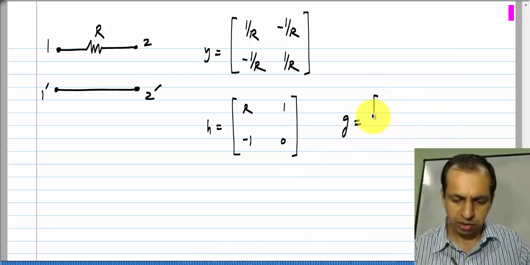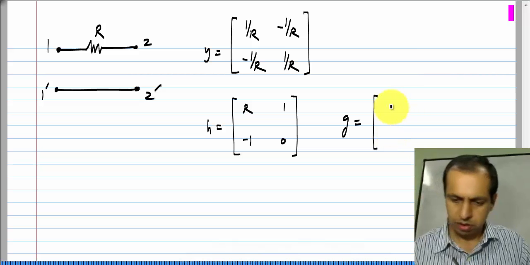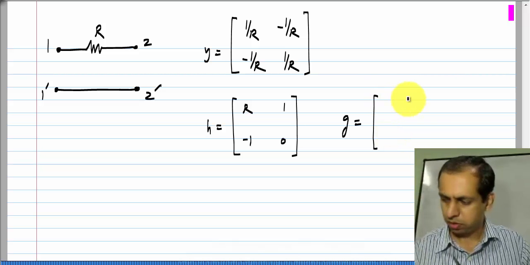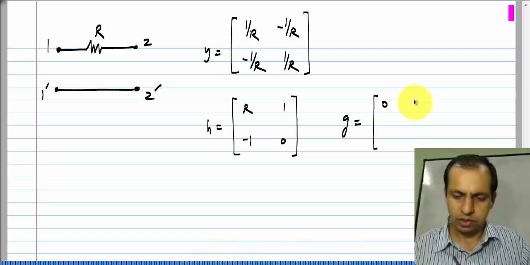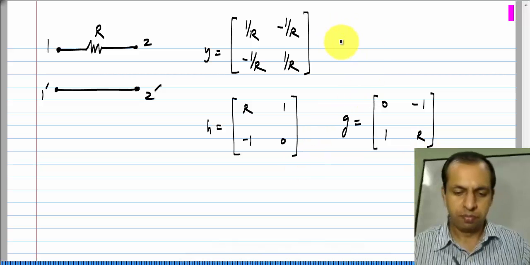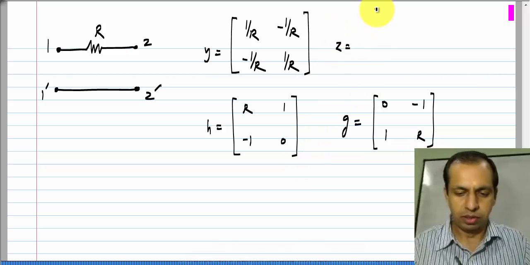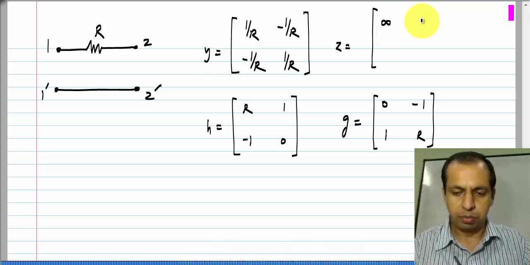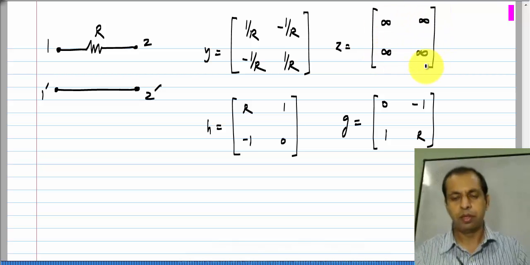The g parameters are 0, minus 1, 1 and r. But if you do try to calculate the z parameters, all of them come out to be infinite. Okay.